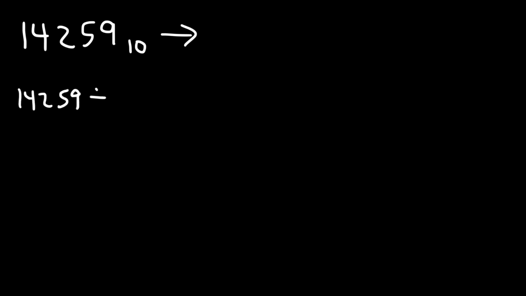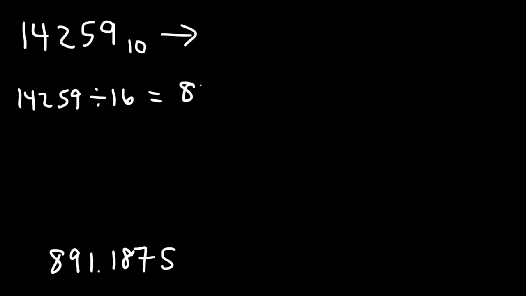14,259 divided by 16. And so that's going to be 891.1875, which I'm going to write that number here just to conserve space. So it's 891 remainder, and then take the decimal number multiplied by 16. So 0.1875 times 16, that will give us a remainder of 3.